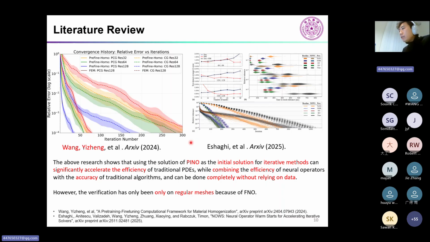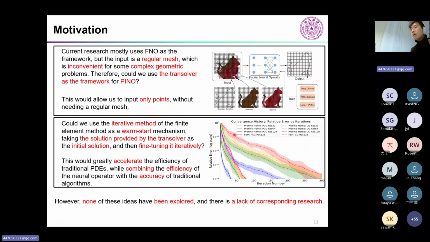You can see this initial solution, I mean, this warm start, will become more and more popular. However, we found all this work only uses FNO or deep neural nets. There is no one who has used this framework based on the Transolver. So we ask two important questions. The first one is that now almost everyone uses FNO or deep neural nets.